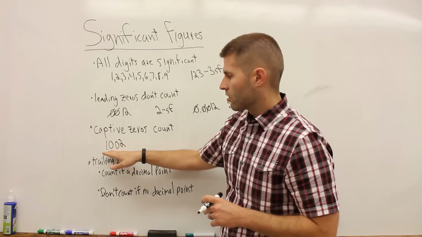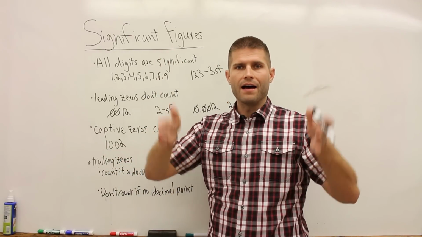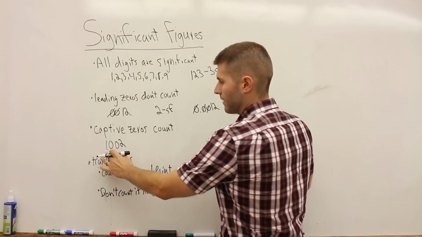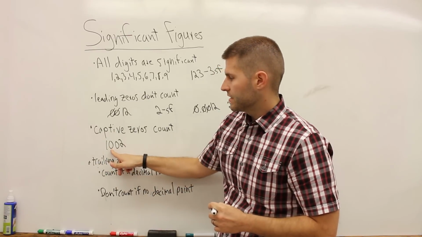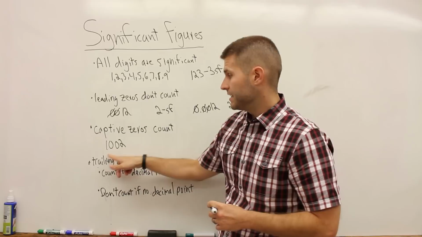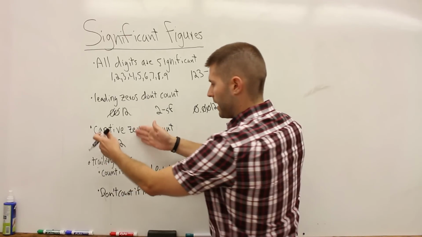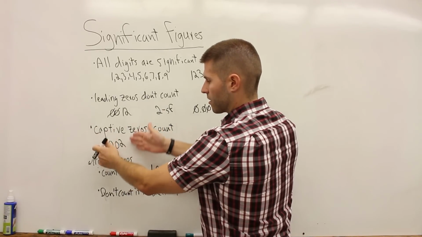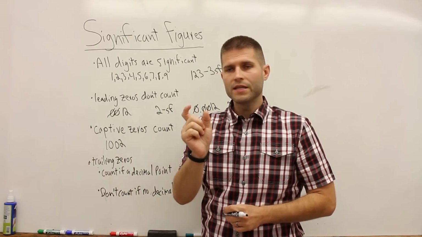Both of these zeros are called captive because on either side of them, they have a non-zero digit. We have a 1 to the left, we have a 2 to the right. It doesn't matter that this zero sees a 0 next to it. If you keep reading to the right, there is a non-zero digit. So these are captive. They're like bookends. These digits are bookends, and they hold these zeros in between.